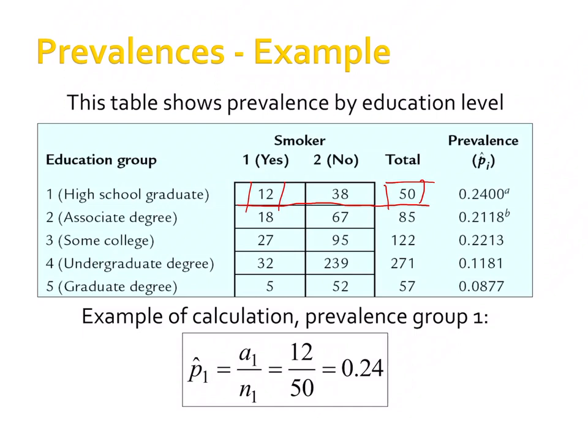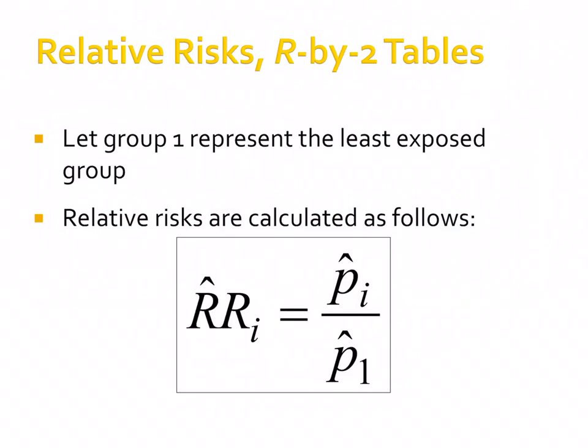The prevalence or proportion for the group, p hat of 1 equals A1 over N1, so 12 over 50 equals 0.24. And that is how you calculate the prevalence of the group. If you wanted to know the prevalence for the undergraduate degree program, you would take 32 divided by 271, and you would get 0.1181.